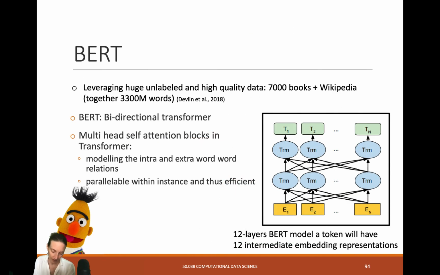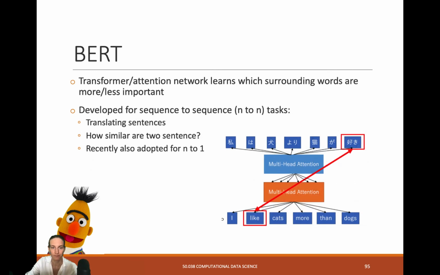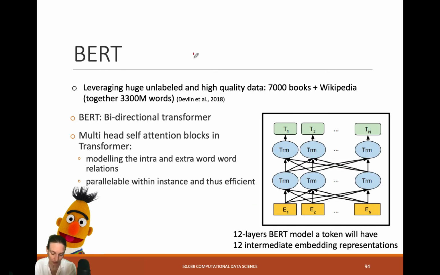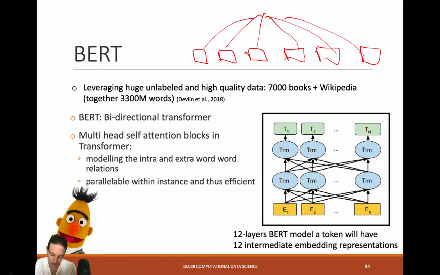Then we have the very popular BERT model, which is a bidirectional transformer, which implements self-attention blocks. What do self-attention blocks do? Basically, if you're representing a word and you know the surrounding words, self-attention is going to learn how much to focus on the previous words, so it learns weights for this in its attention mechanism.